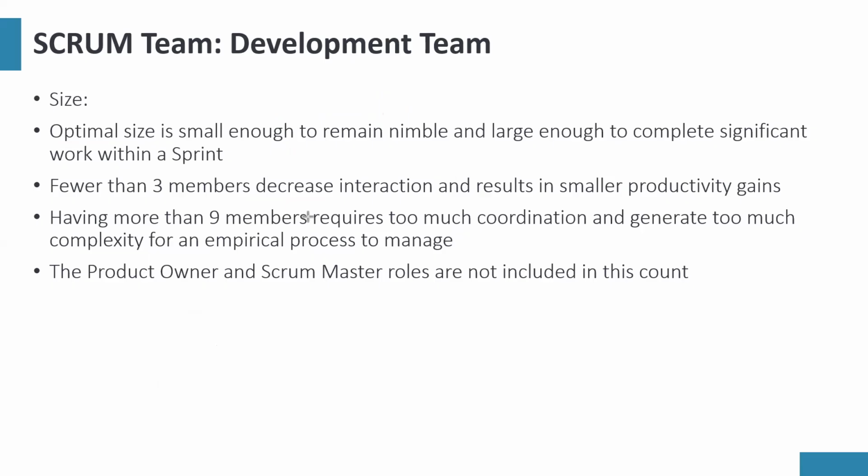If it's more than 9, there's too much coordination and it generates too much complexity for an empirical process to manage. So you can see empiricism. The moment there are more than 9 developers, it's too much for a Scrum team. So that's just a guide. Now, this 9 is excluding the product owner and Scrum Master.